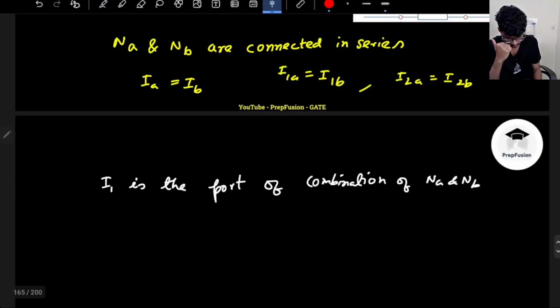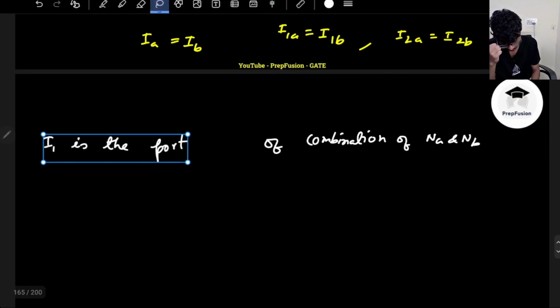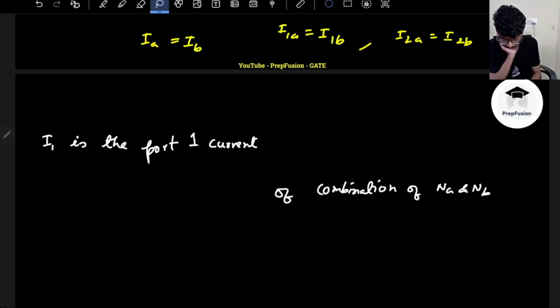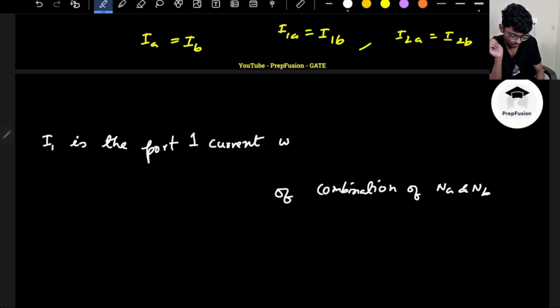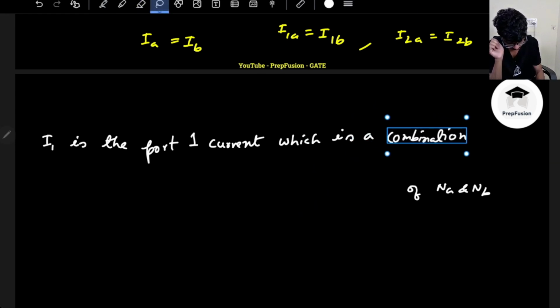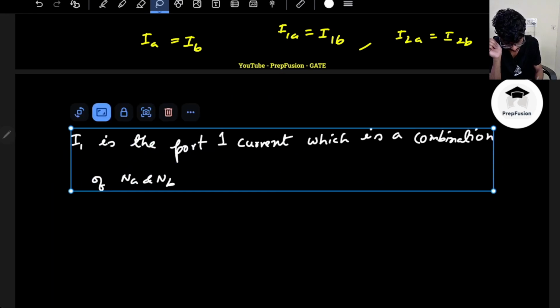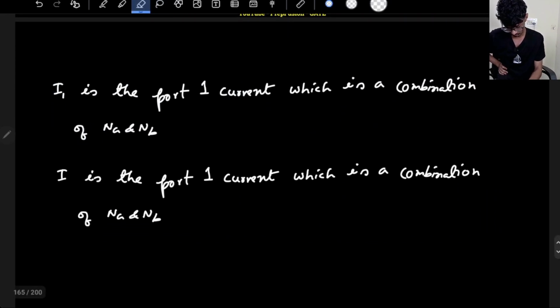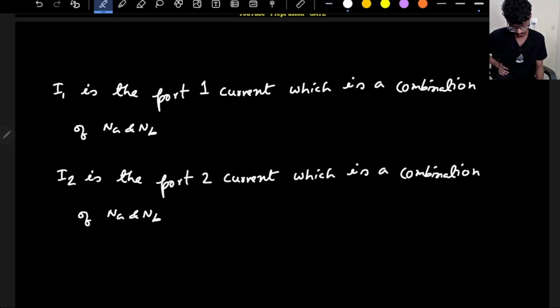Same for I2: I2 is the port 2 current of the combination of NA and NB.